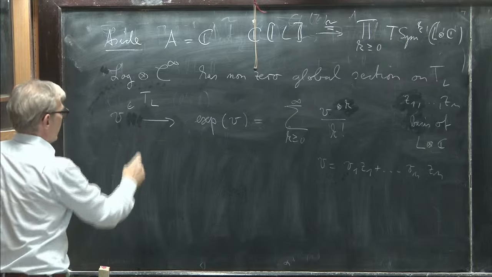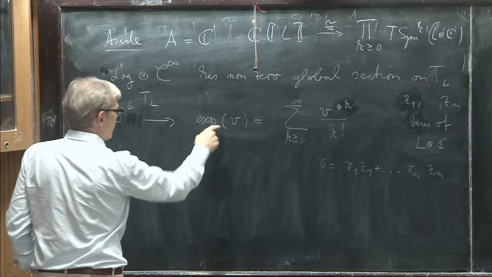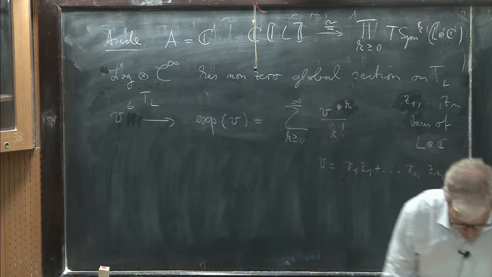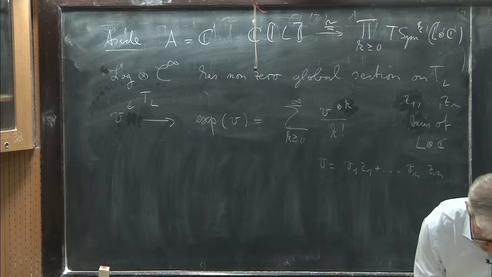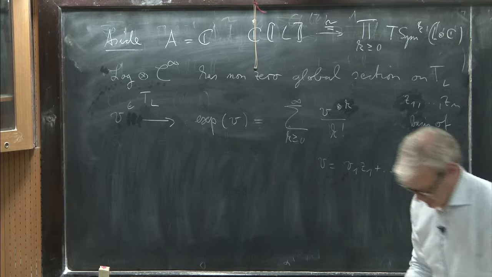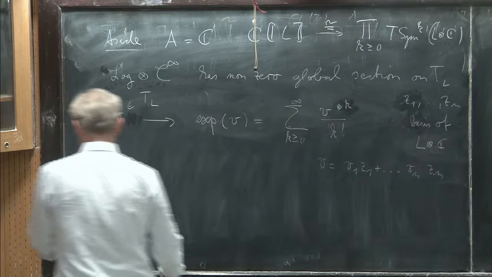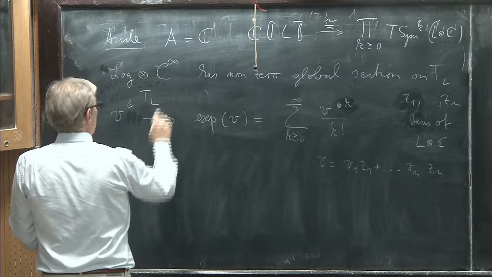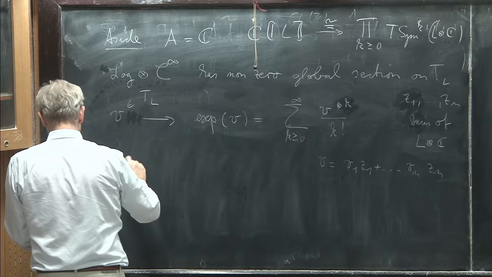And now you can calculate the connection with this. So there is an isomorphism now of the trivial bundle.